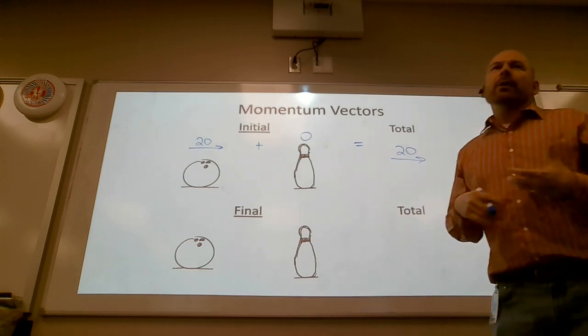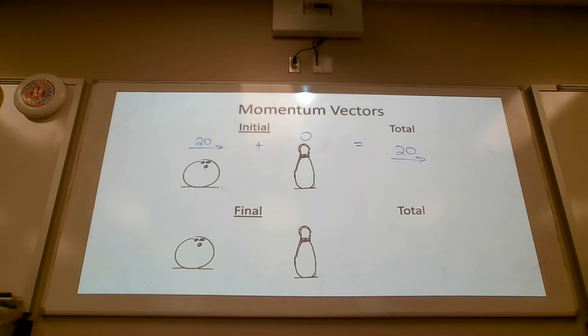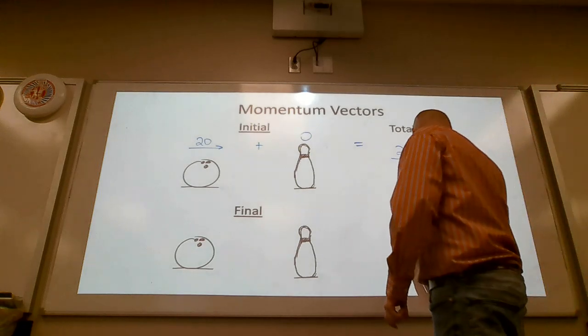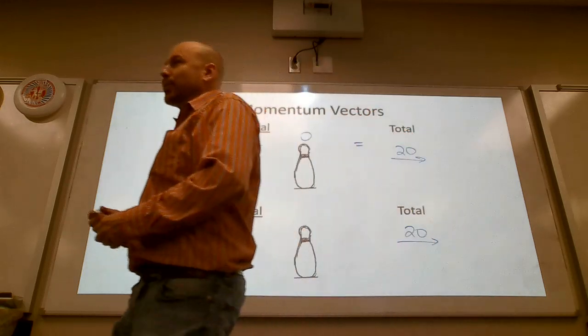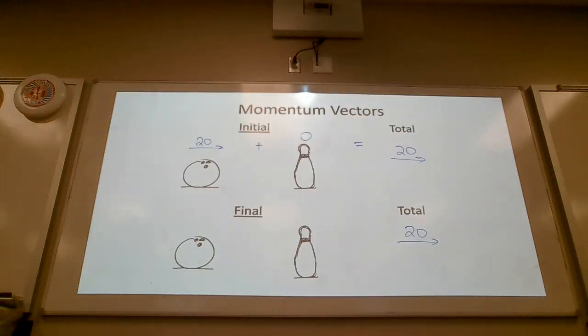Through our conversation, we discerned that the momentum of the system of the ball and pin is conserved. So afterwards, that system still has 20 kilogram meters per second to the right.